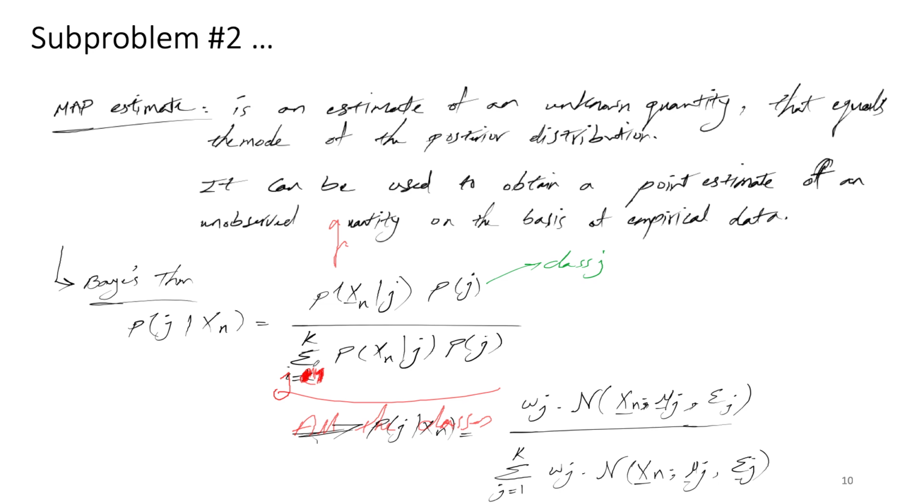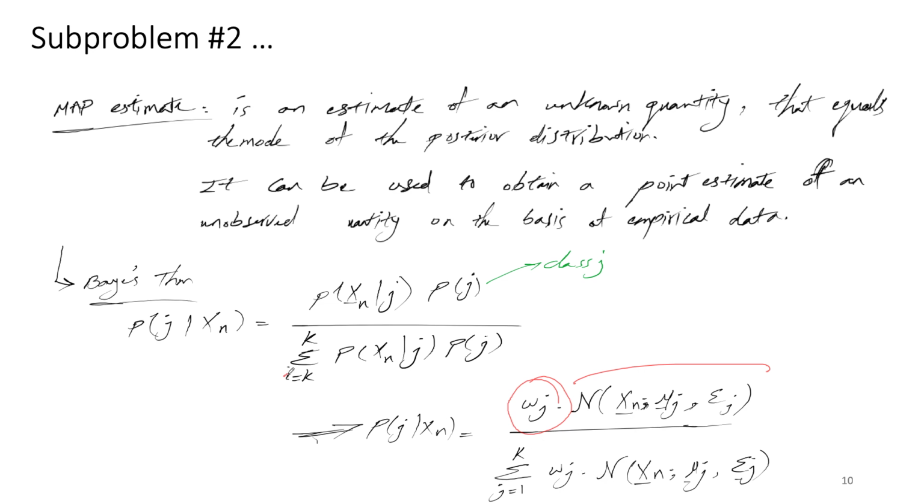And also, let me just clear this. And this will be thus equal to the W of that class multiplied by the Gaussian distribution divided by all the classes, right?